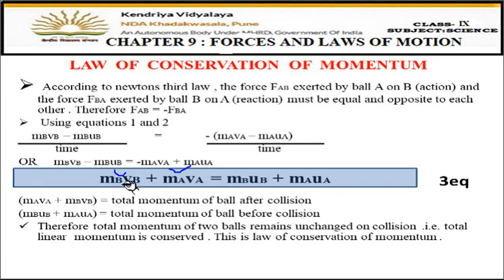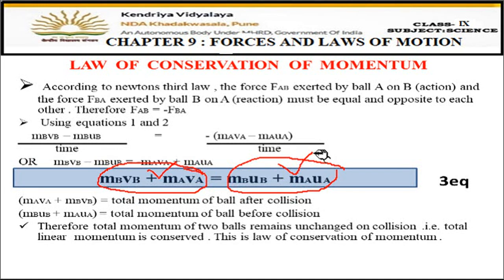So on one side we have taken the momentums of balls A and B after collision, and this is the linear momentum of ball B and ball A before collision. And you can see that this side is equal to that side. Means the linear momentum after collision of both balls is equal to the linear momentum of both balls before collision.